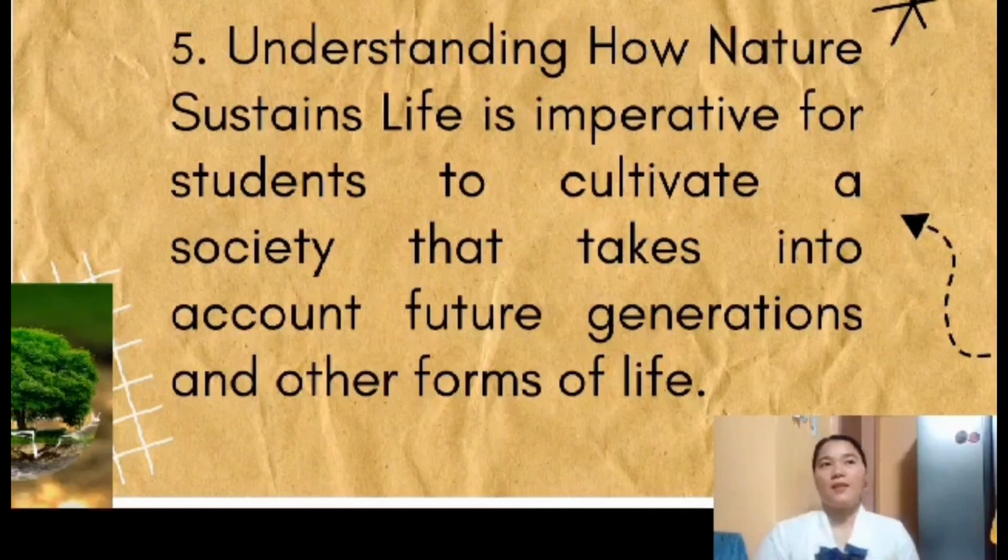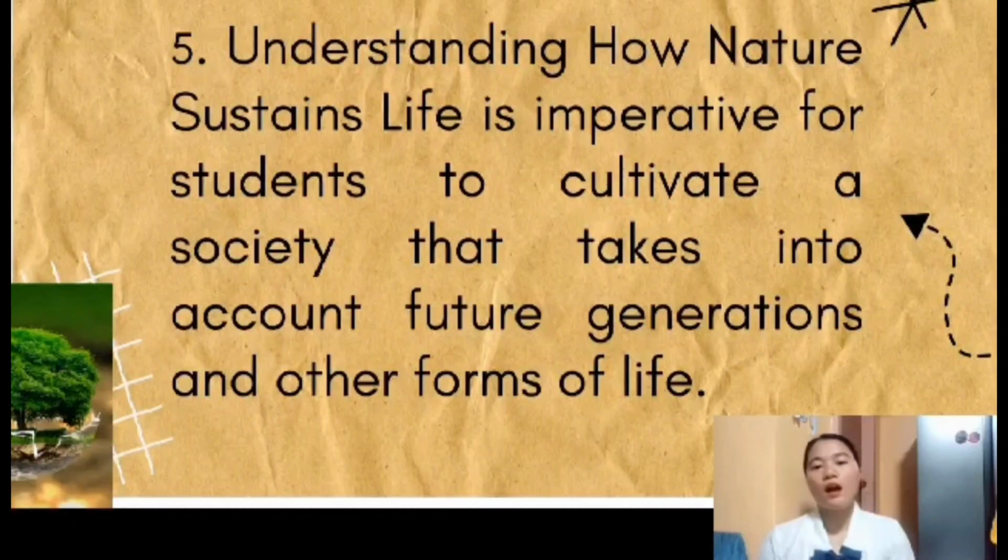It's like saying, hey nature, you've been at this life thing for a while. What can we learn from you to make sure we're doing things right for the long run? It's about getting tips from the Earth's playbook for a sustainable and thriving future.